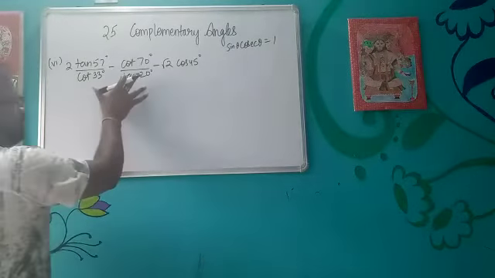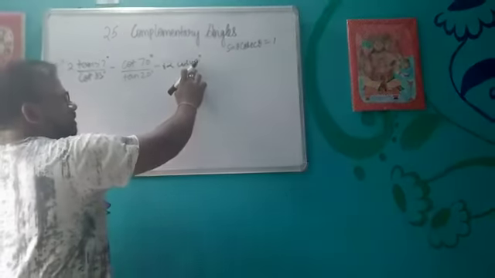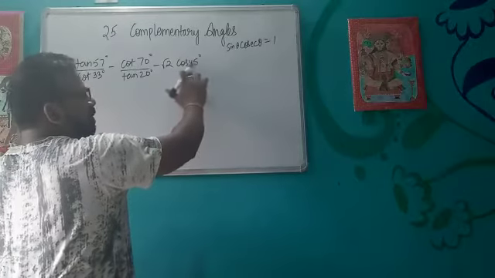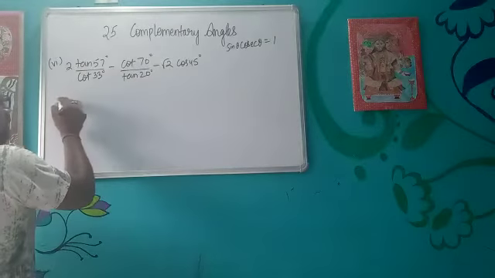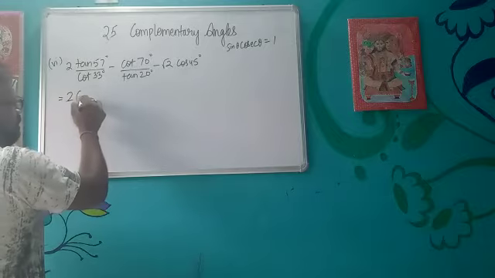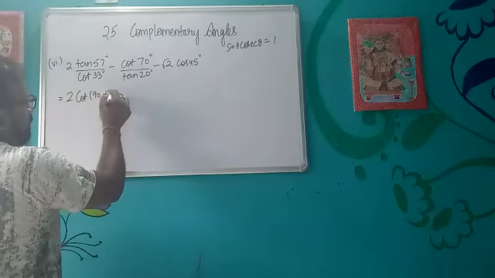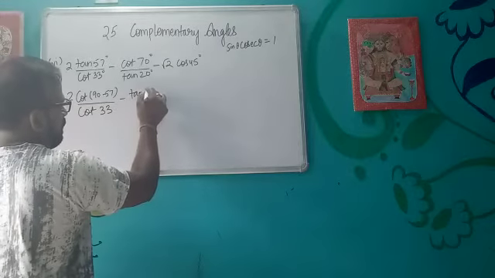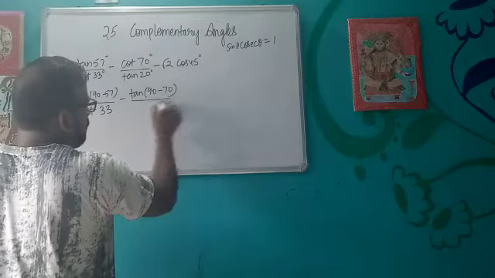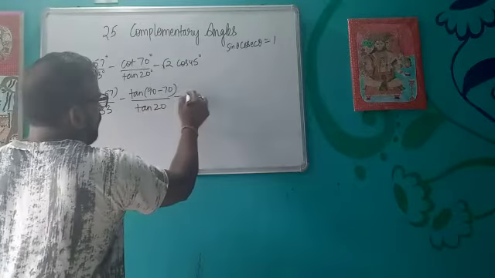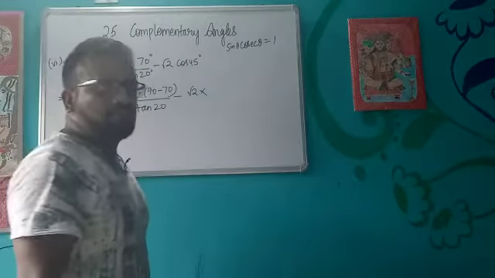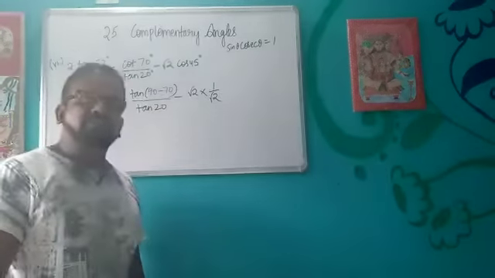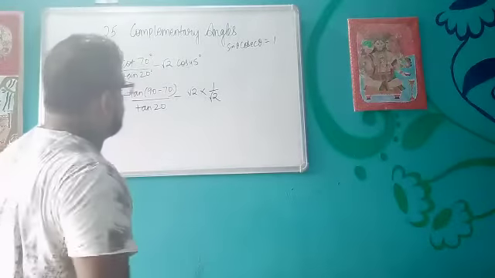Okay, so these two we have done. Now whenever you have an angle whose value you know, you will always keep that value in place of the angle. So first, as we have done in many questions now, tan becomes cot 90 minus 57 upon cot 33 minus tan 90 minus 70 upon tan 20 minus root 2. And we know that cos 45 degree is 1 by root 2. So we will always put the value of the standard angles which we already studied in chapter number 23.